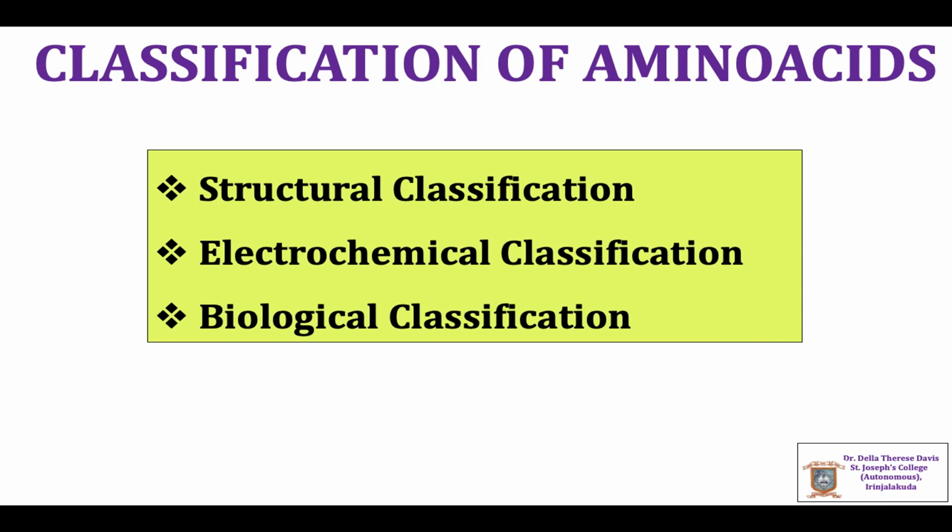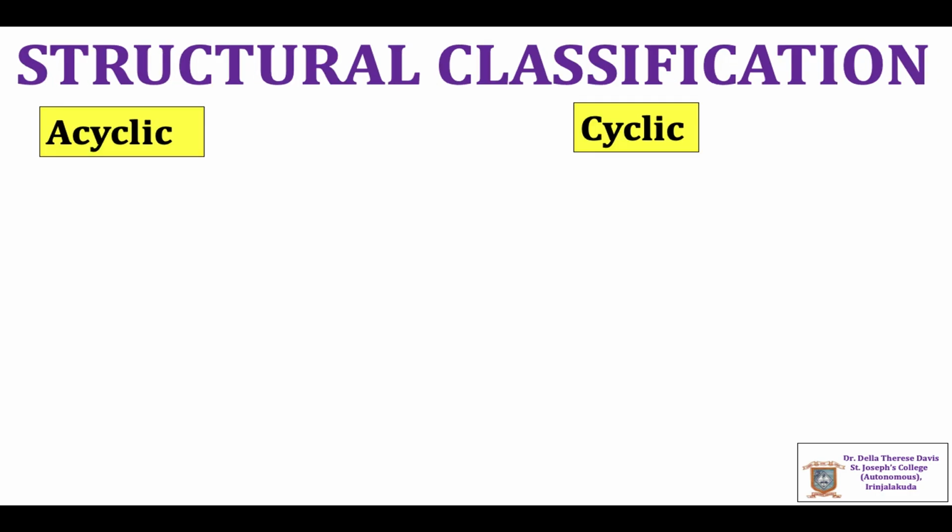There are different types of classifications for amino acids: structural classification, electrochemical classification, and biological classification. In structural classification, amino acids are classified into acyclic and cyclic. Acyclic amino acids are again classified into different classes.